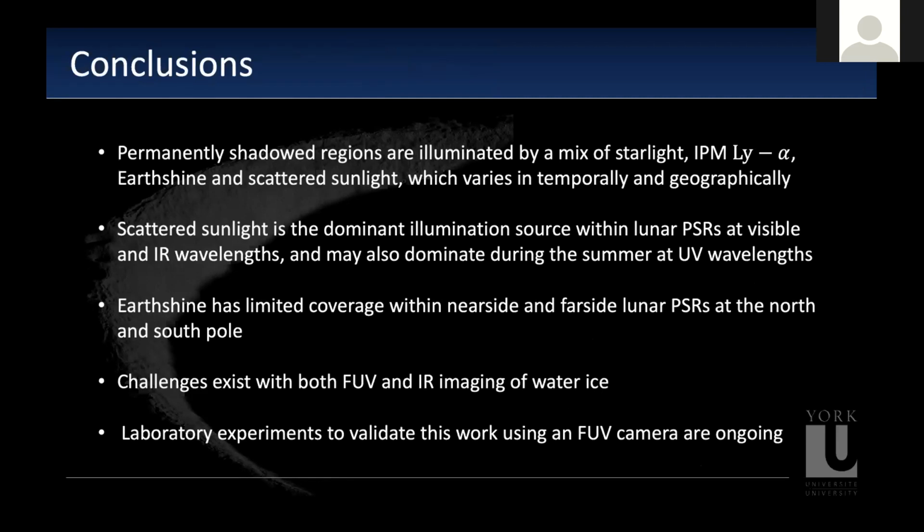And at UV wavelengths, it's also true that scattered sunlight is the dominant source, although light from the interplanetary medium is comparable at certain times of the year. And Earthshine has limited coverage, which means it's not an ideal source to go searching for ice at the poles.